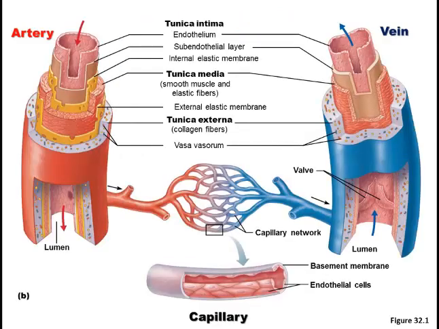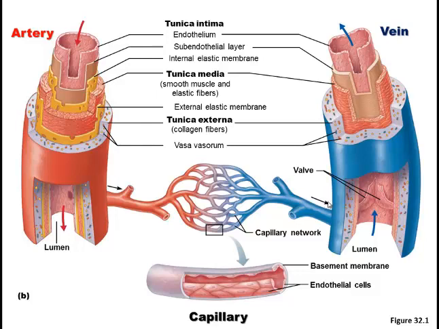Now, if we look here at a diagram of these blood vessels, on the left, we've got an artery. On the bottom of this diagram is a capillary, and on the right side, a vein. If you look at the exploded view of these vessels, you can see that the composition of the vessel wall is very different depending on which vessel we're talking about.